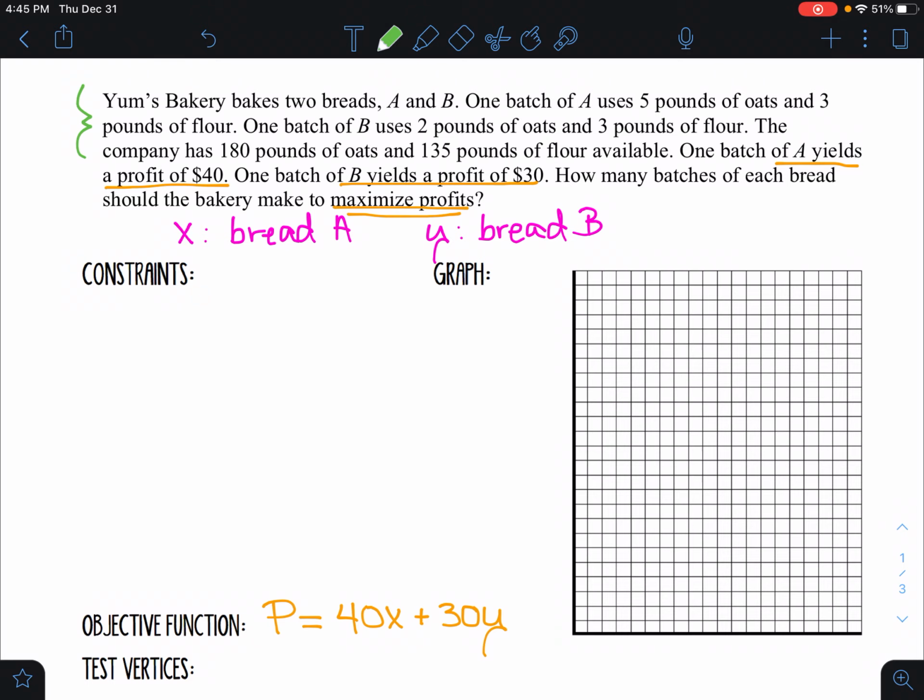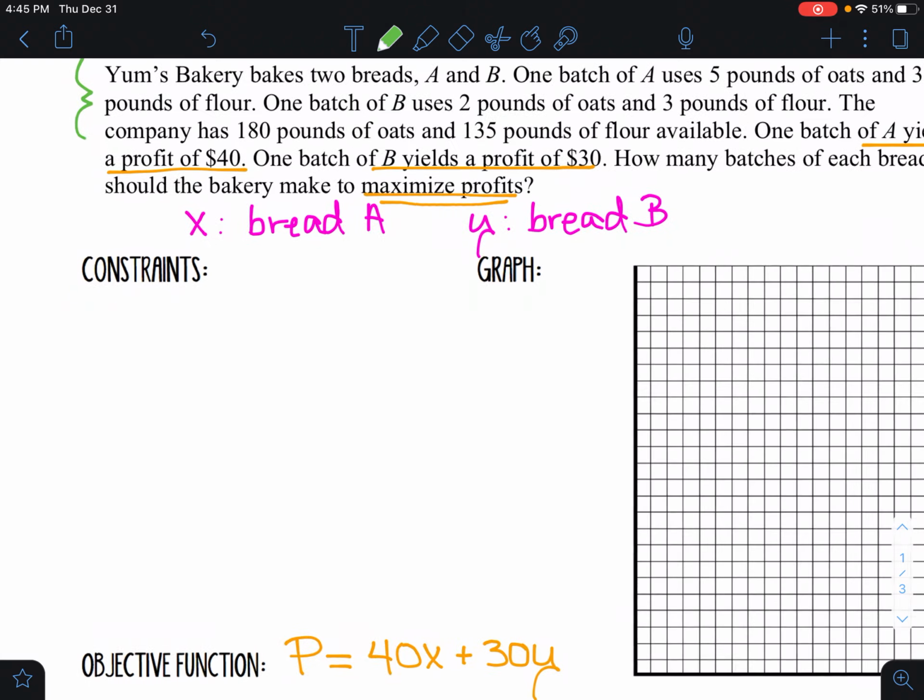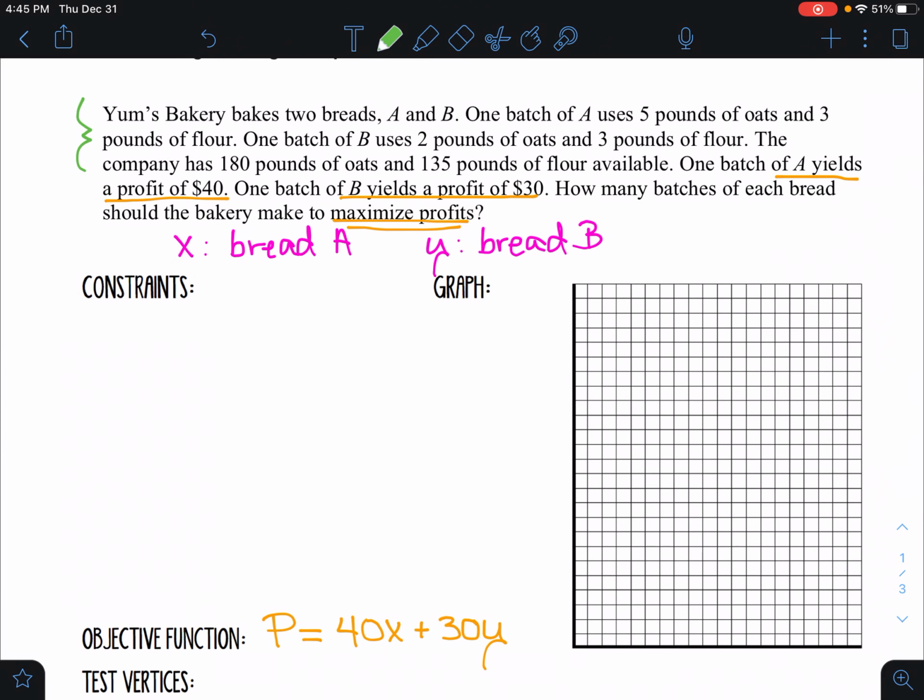So if that's the case, which almost always you can't have negative, but not always, because it is possible to go into the negatives. I can't make negative batches of bread A. So another way to write that as an inequality is x has to be greater than or equal to 0, 0 or higher. And the same thing with bread B. I can't make negative batches of those. So I'm going to say y has to be greater than or equal to 0 as well.